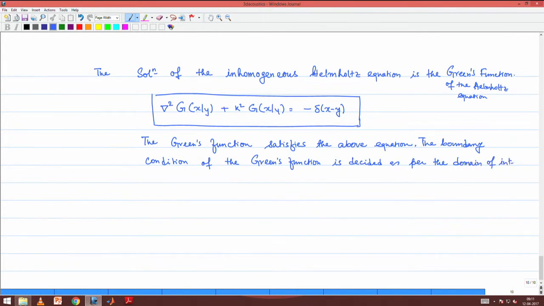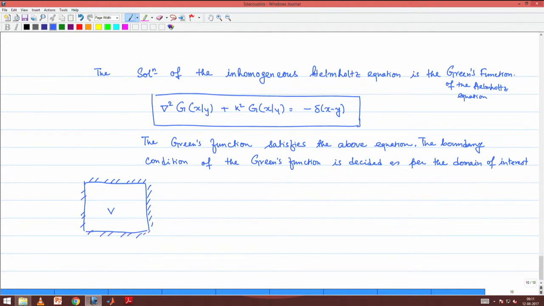What do I mean by that? Suppose I am interested in a domain which looks like this. If this is my V and if I know for sure that the pressure at the boundary is equal to 0, then the Green's function will also satisfy this boundary condition.